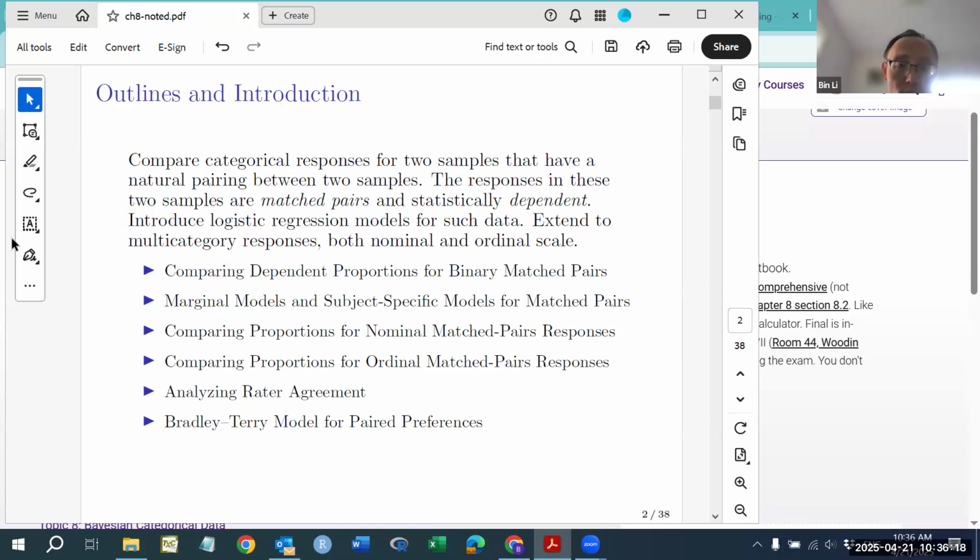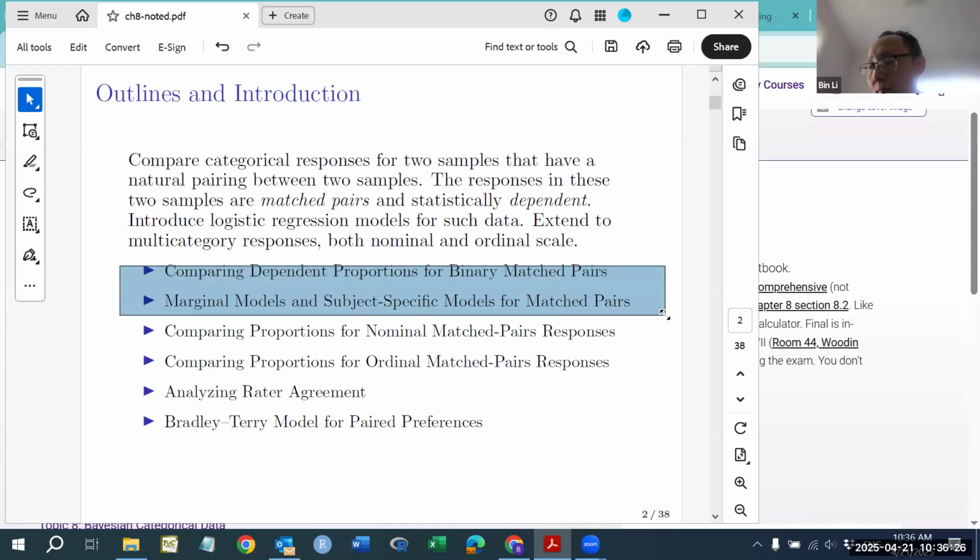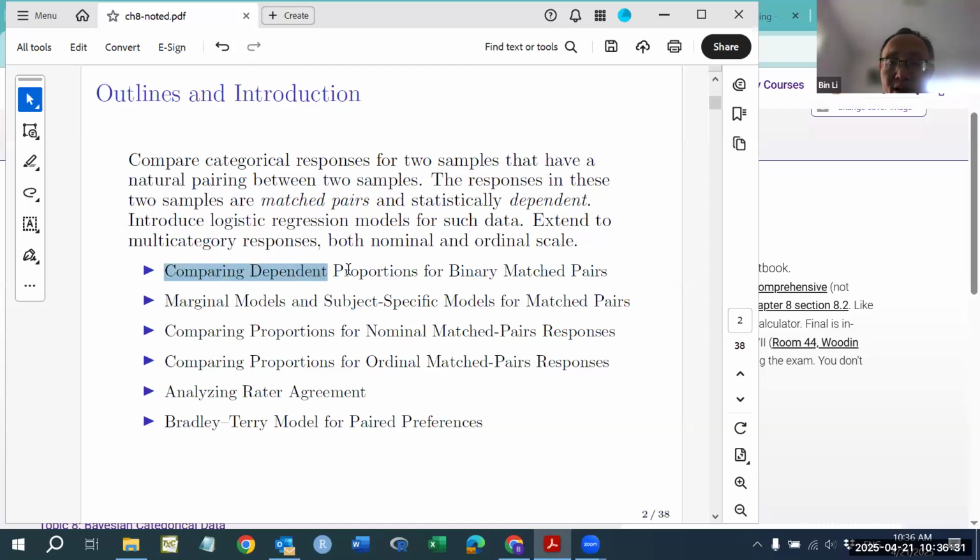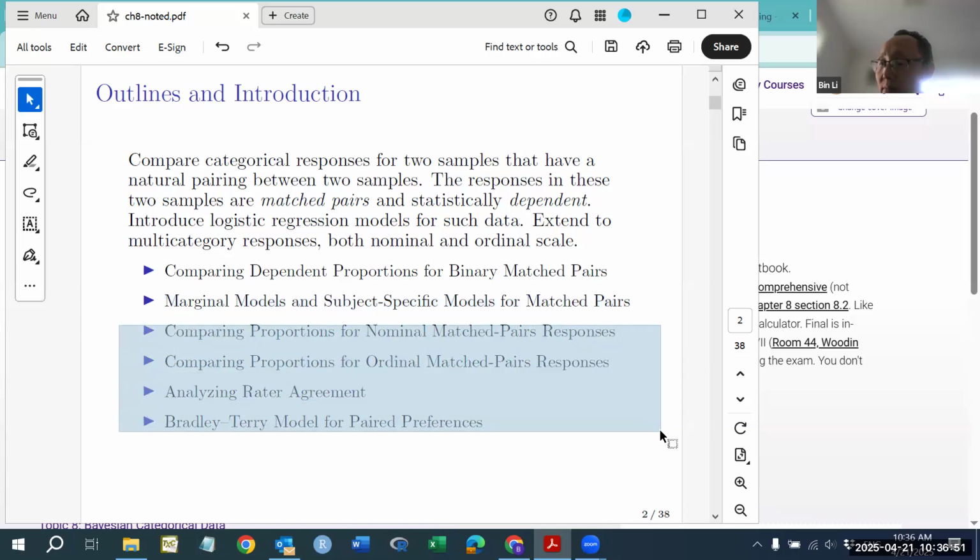Here is the outline for chapter 8, but as I said, we will only focus on the first two sections. The first section is comparing dependent proportions for binary matched pairs, and section 2 is marginal models and subject-specific models for matched pairs. The rest of the sections I will not cover in this course, and they will not be in the finals.